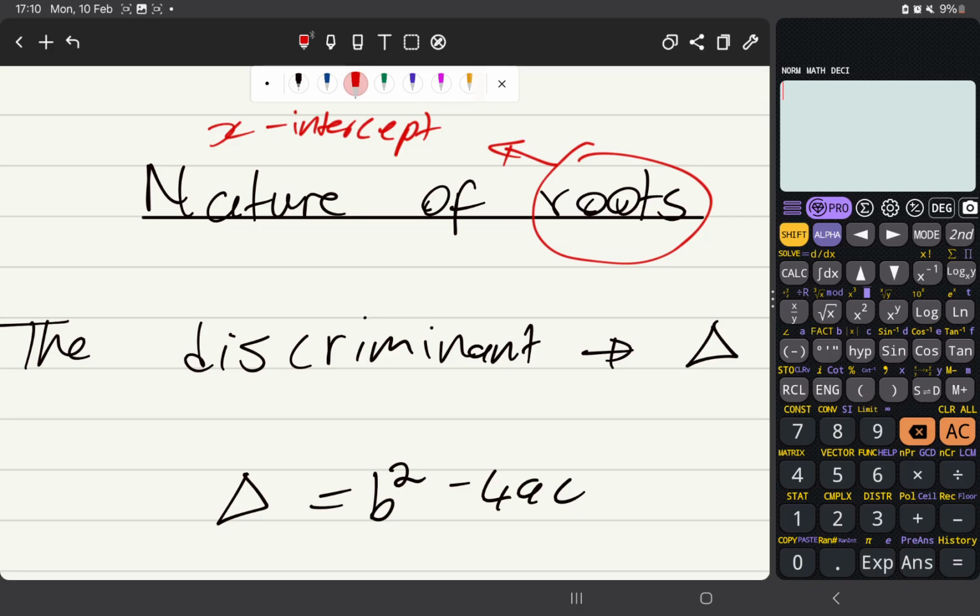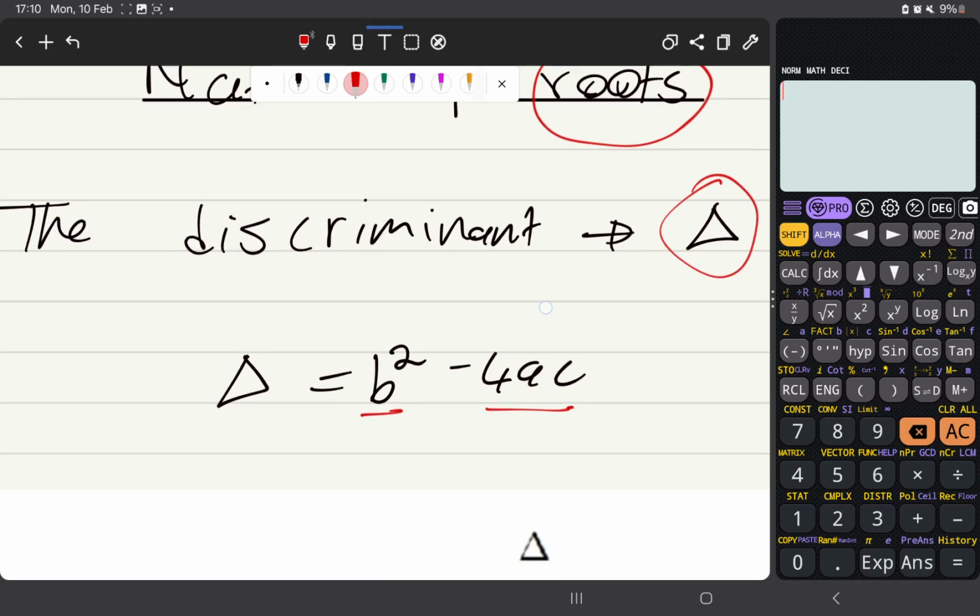And the discriminant, this is the symbol that is used, right? You will see it through all the course, and in grade 12 as well it will appear. The discriminant is b squared minus 4ac. If you remember, under the quadratic formula we saw something similar.